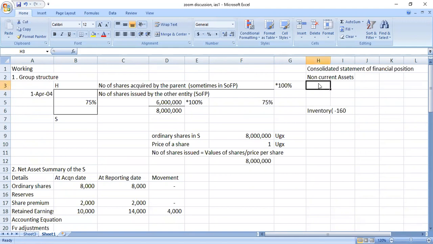Okay, so otherwise, I have non-current assets. PPE. Just adding. You have 78,690. Then 27,180.